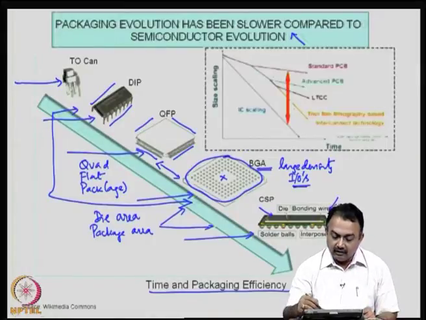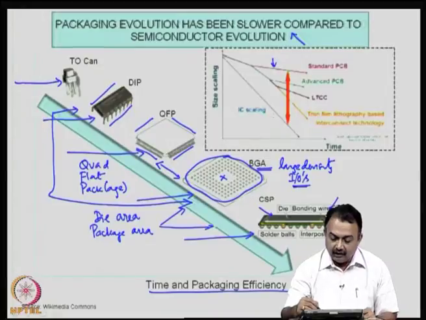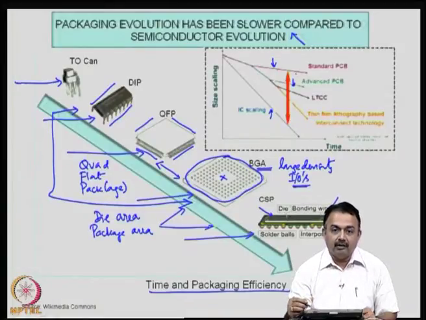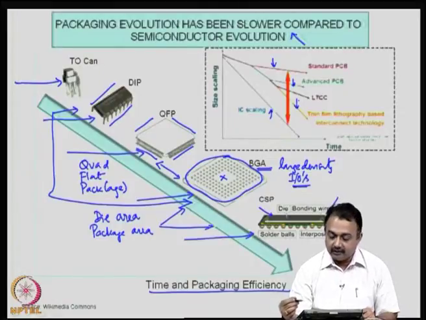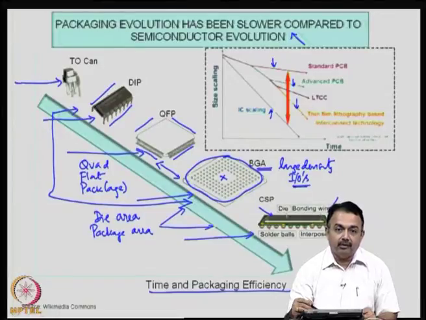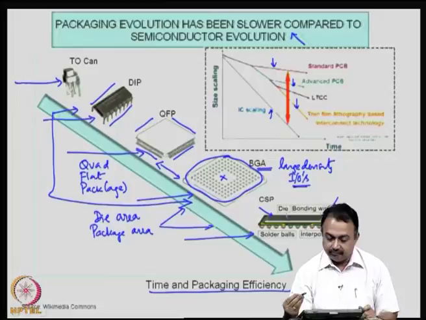So, there is a large gap between standard PCB and IC manufacturing, but today advanced PCB techniques have narrowed down the gap in terms of better photolithography and so on. So, if you look at thin film lithography used on ceramic substrates or organic substrates, it can probably still reduce the gap between IC scaling and second level packaging.